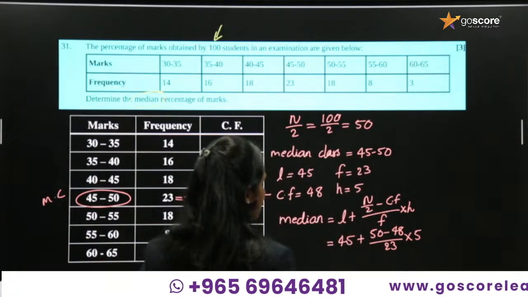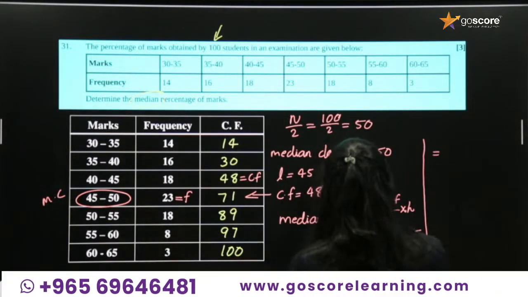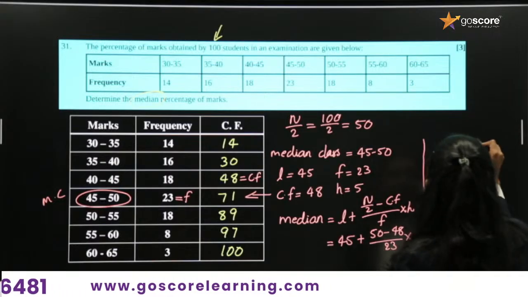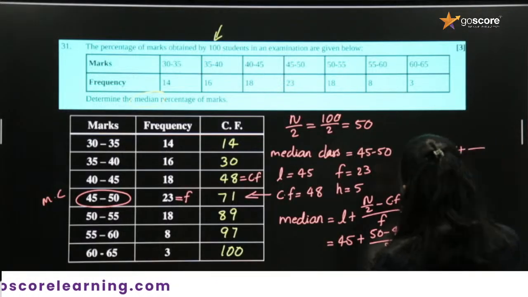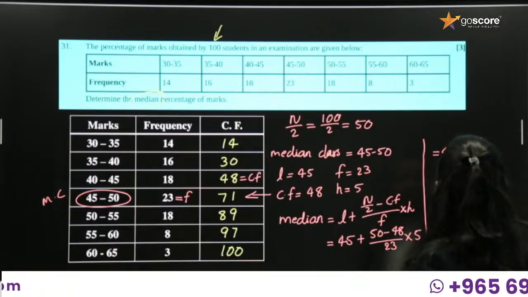Okay. So the median is equal to 45 plus 50 minus 48 is 2. 2 into 5 is 10. So 10 divided by 23.